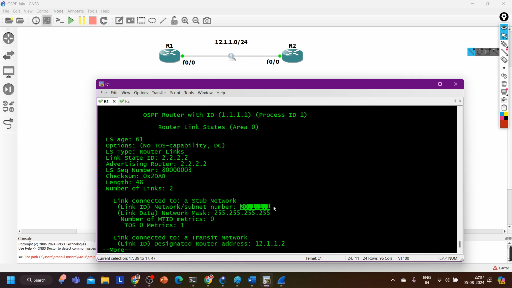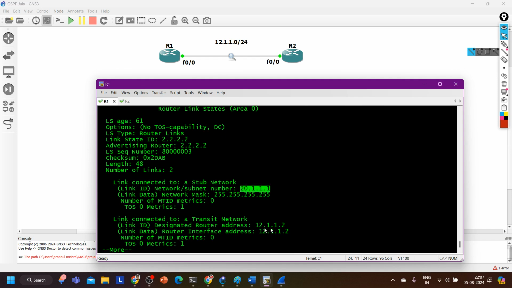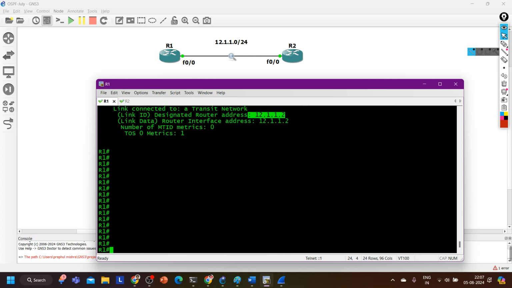So see, there is one link where this network is running 20.1.1.0, and there is one link where this network is running. What is the cost on the link? All information is there, right?